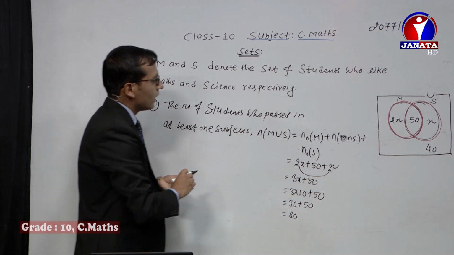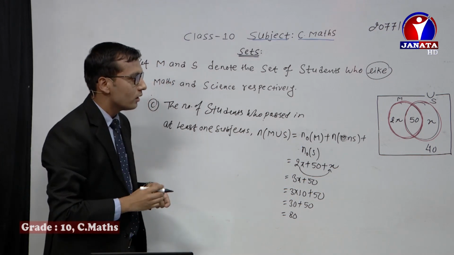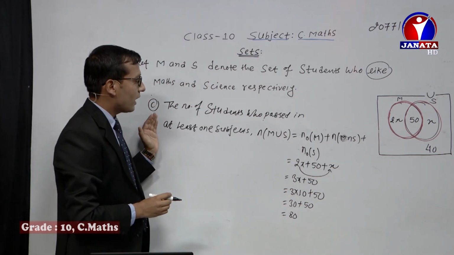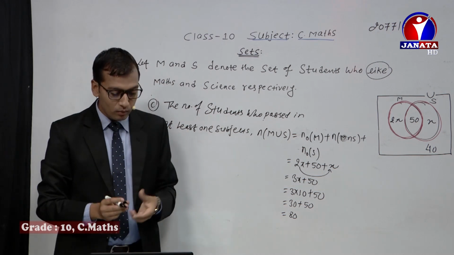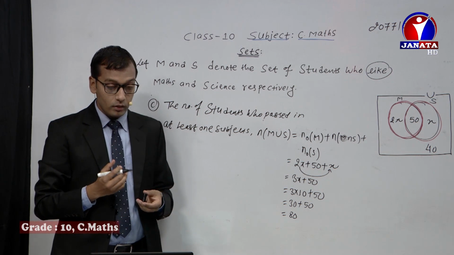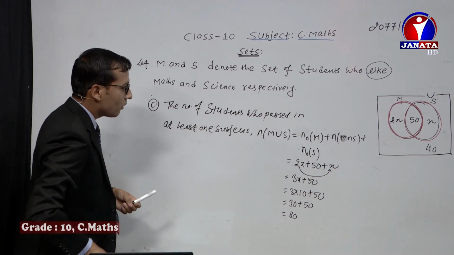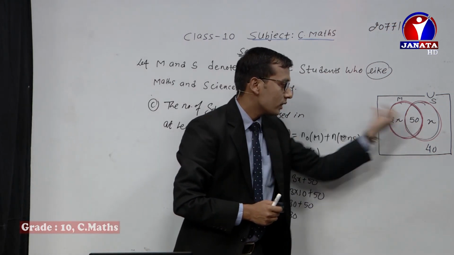Here I have mentioned who liked math or science; we can write over there who passed in mathematics and science respectively. Now let me go to the next number, D, show the result in a Venn diagram. For the last part, we simply have to replace the value of x in this diagram.